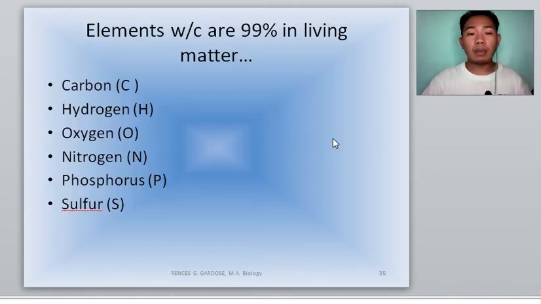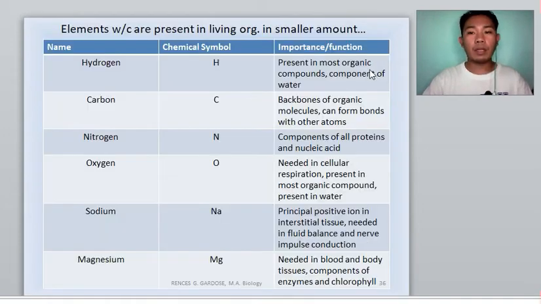Living matter is composed usually of 99% of these elements: carbon, hydrogen, oxygen, nitrogen, phosphorus, and sulfur. And the elements which are present in living organisms in smaller amounts: hydrogen, which is present in most organic compounds and a component of water.